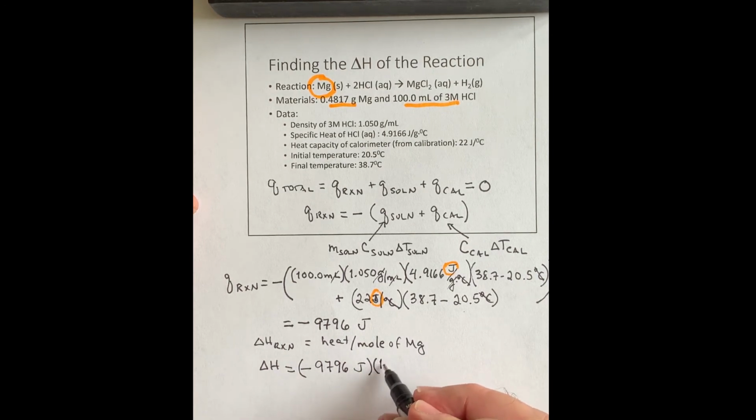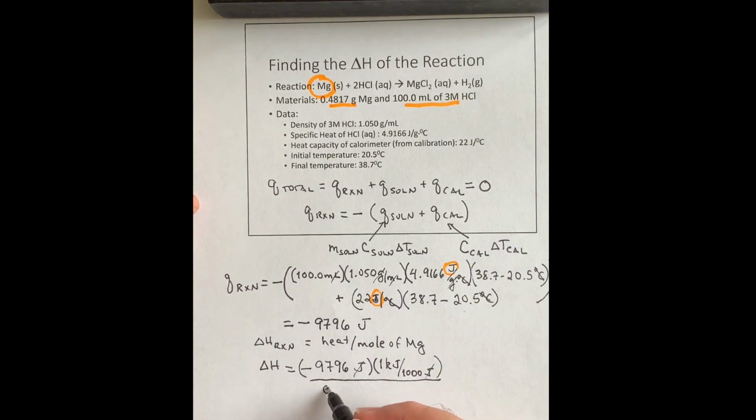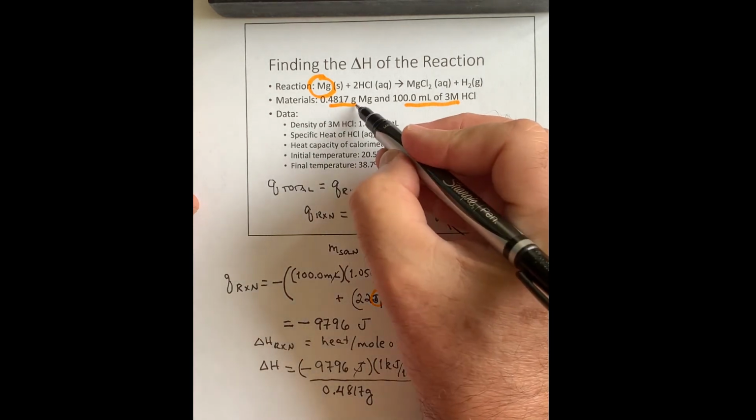So we'll say that 1 kilojoule is 1000 joules, and that'll cancel out the joules. And since we want moles, we're going to have to divide all this by 0.4817 grams of magnesium. That's what they told us over here.